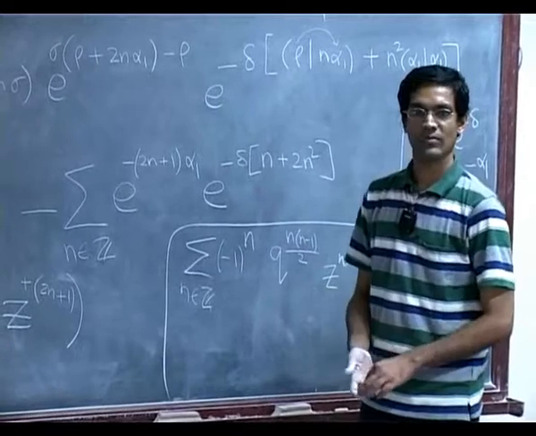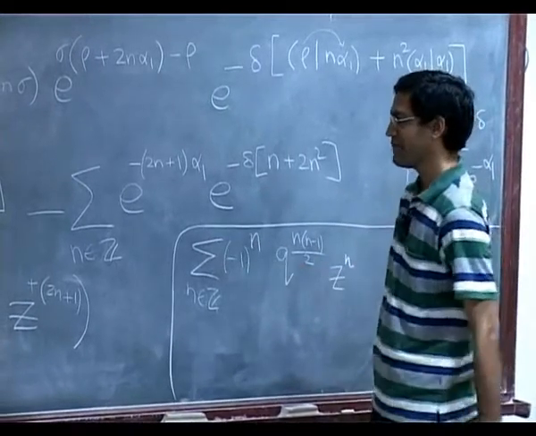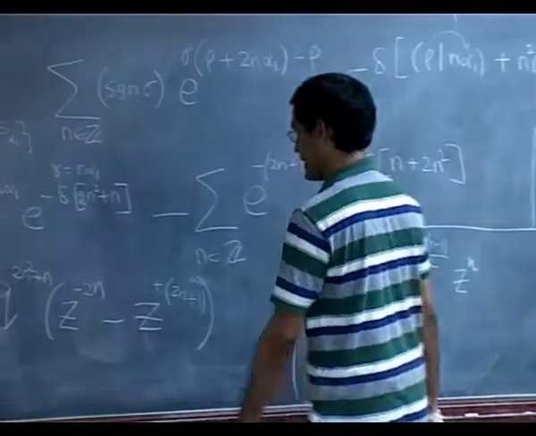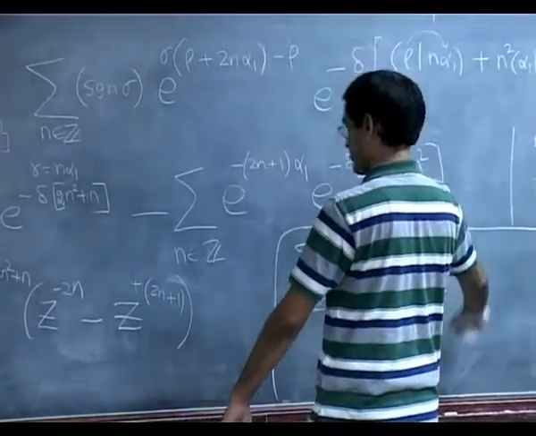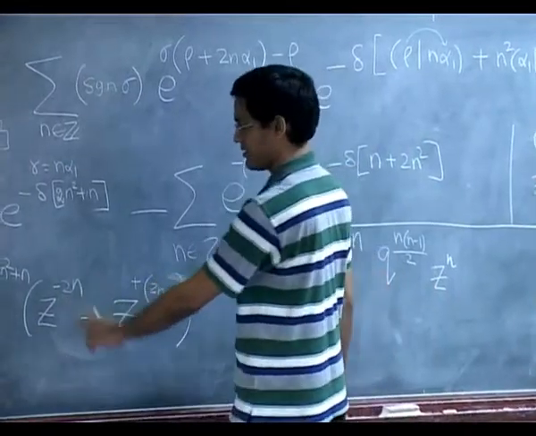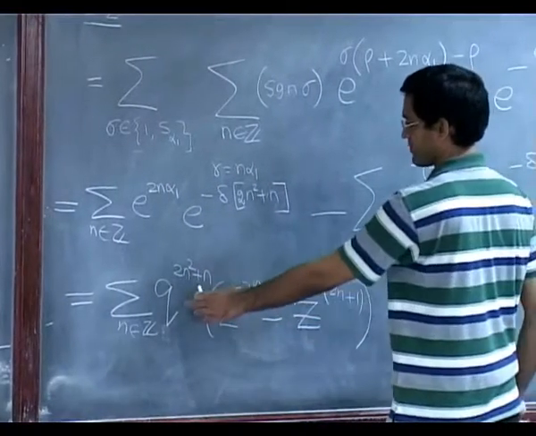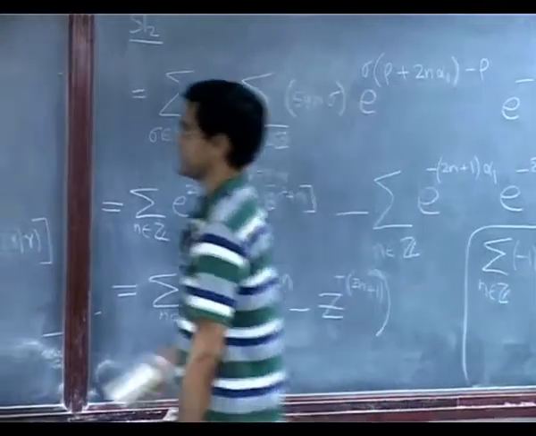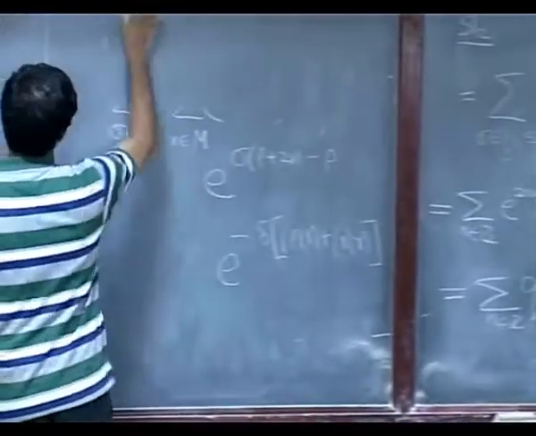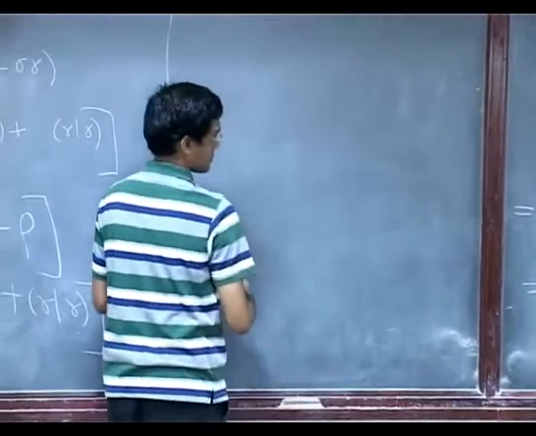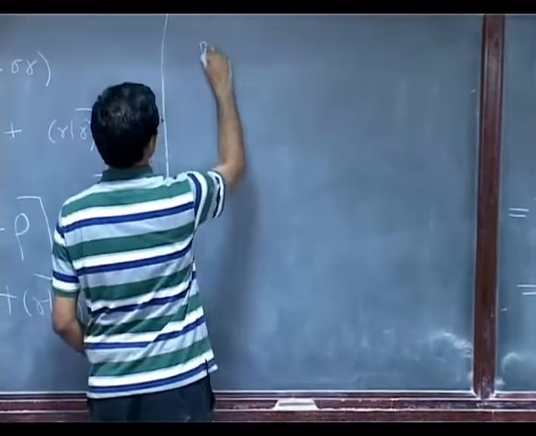We need to call m something in terms of n. So for example, let's call m as minus 2n, in this first summation. Okay, I might need to split the sums again. In the first sum, if you think of m as minus 2n, so let's just try and do this quickly. So in the first sum, I will call m as minus 2n.